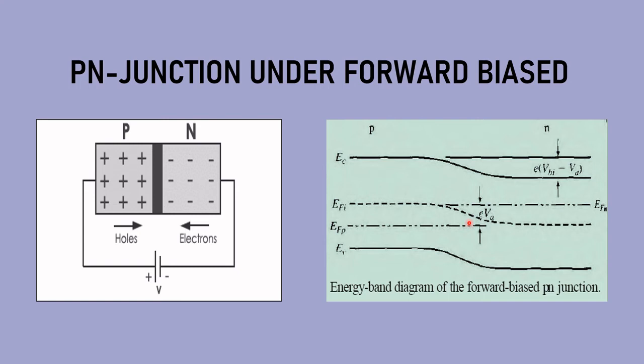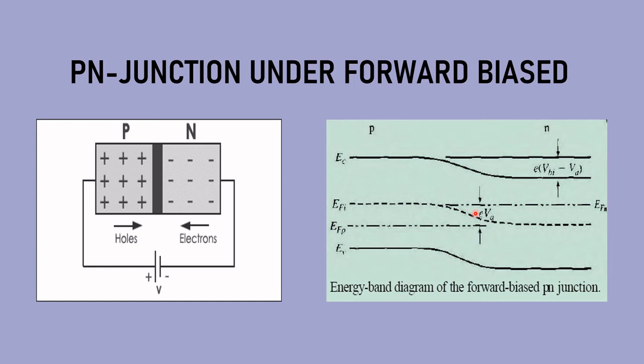But when we apply forward bias, it changes the thermal equilibrium and it also changes the Fermi energy level. This is the band diagram of a PN junction when negative voltage is applied to the n region with respect to the p region.